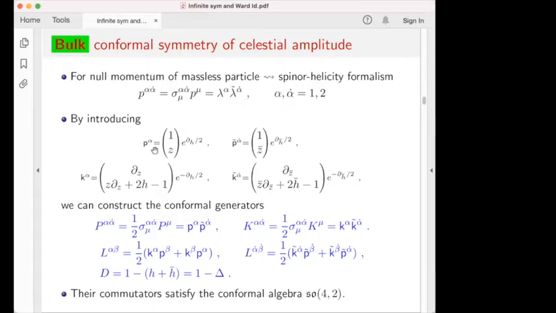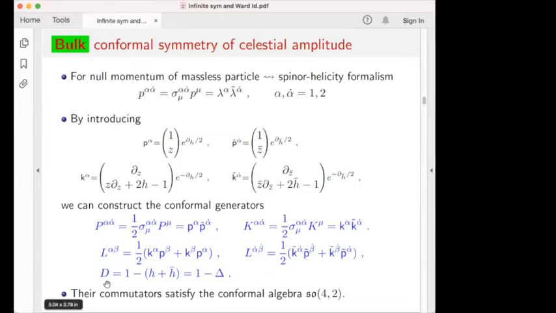We can also consider the product of p and k. We take k_α and p_β, and then take the symmetrization over α and β. So we get a symmetric matrix in α β. If you work out the components again, you will find this coincides with the previous Lorentz generator. Similarly for this L_{α dot β dot}.